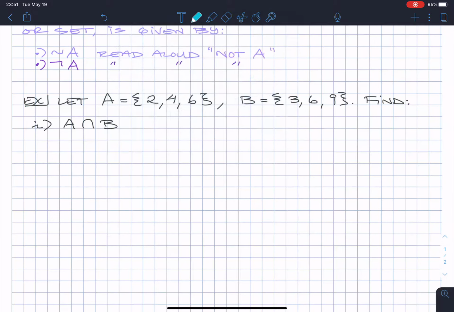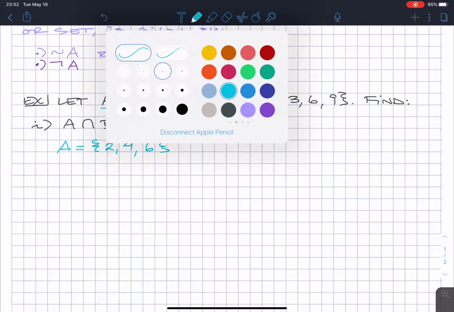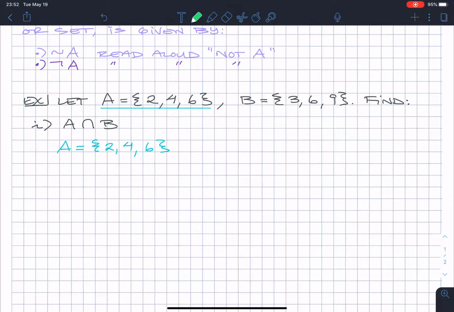Okay, so let's look at set A. Set A is 2, 4, and 6. Set B is 3, 6, and 9. So if I look at where these two intersect or where they overlap, do you agree that the only thing they have in common is 6?